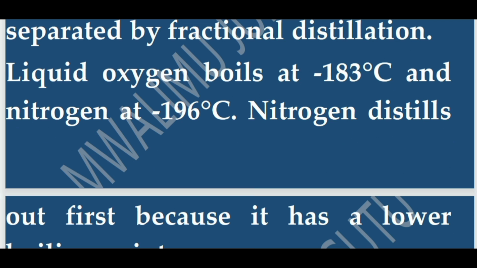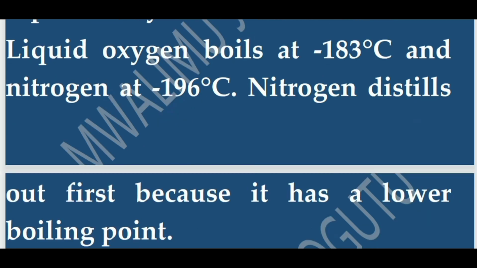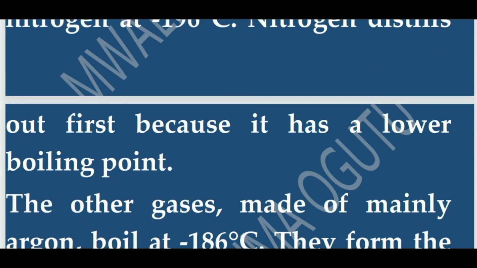So the first portion to come out is nitrogen because it has a lower boiling point. Now the boiling point of nitrogen is lower compared to the other portion. So that's the first portion that we collect at negative 196 degrees.